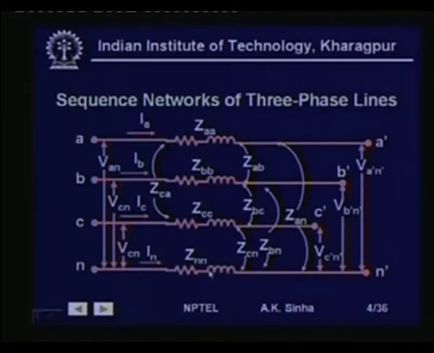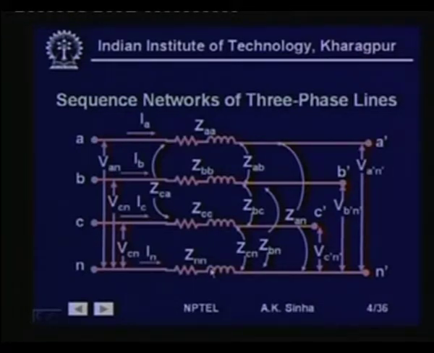We have also considered the neutral wire or the earth wire of the system, which forms the return current path in case of unbalanced system operation.